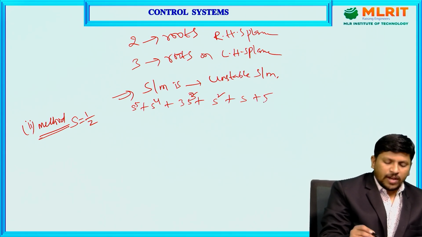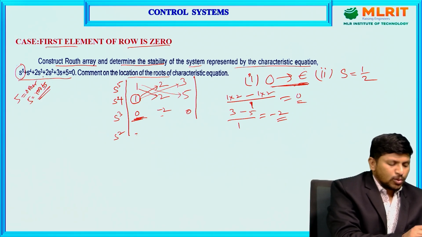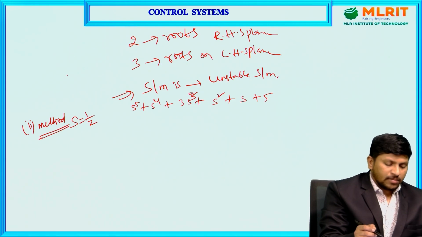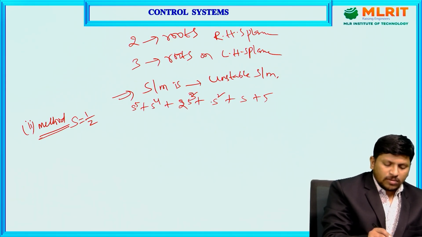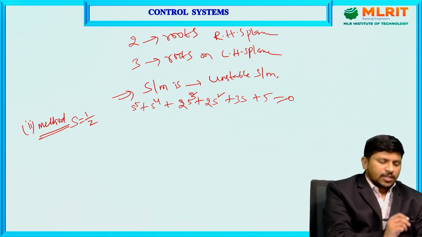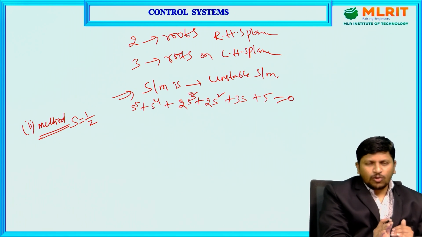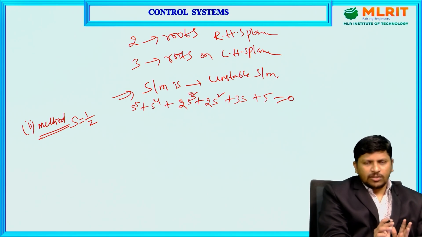So here the coefficients are 2, 2 and 3, that is equal to 0. Substitute S equals 1 by Z. This is one method. In the previous method, we considered epsilon, a small positive value, in place of 0.